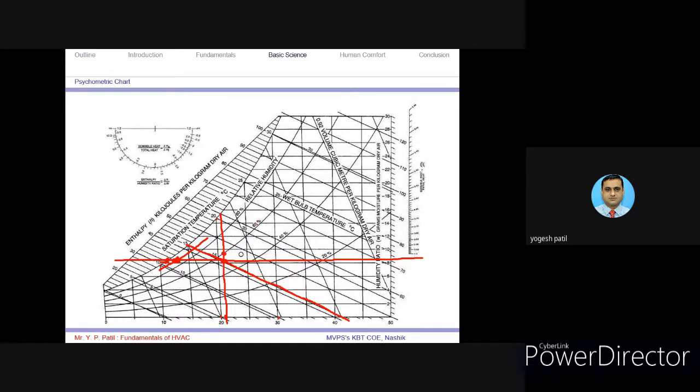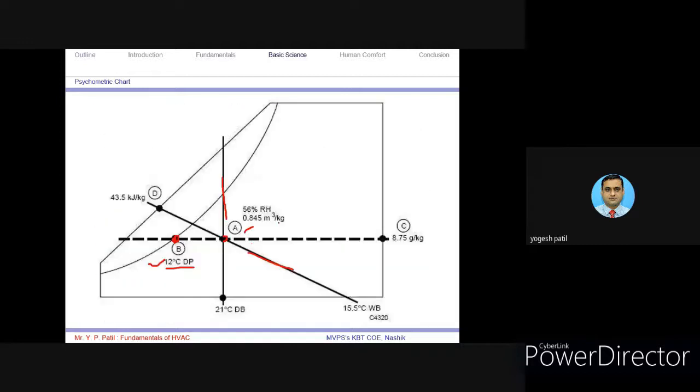So what is this particular line? This line is about 60%. So what answer is mentioned here? 56%. Okay, no issues, it is very close to that. So in this way we can calculate relative humidity also. It is 56%.